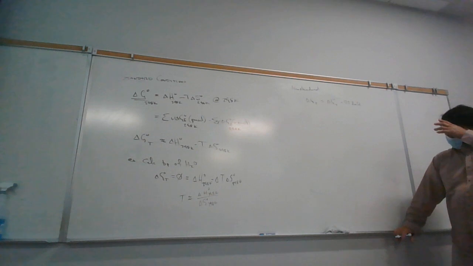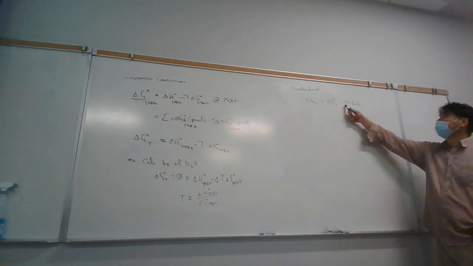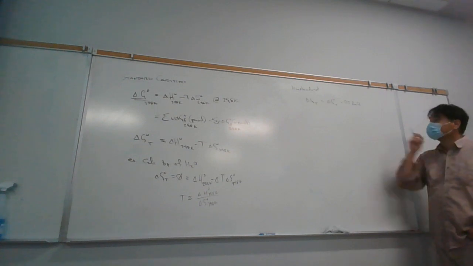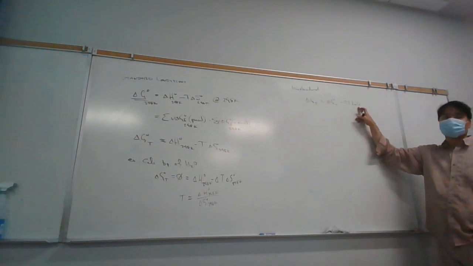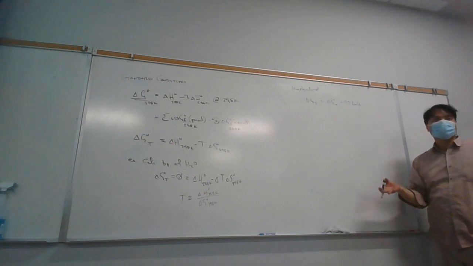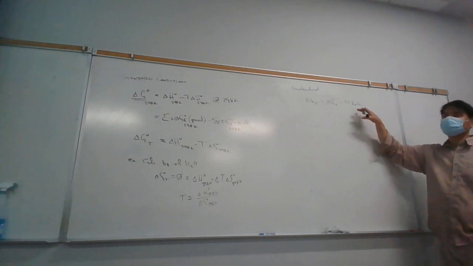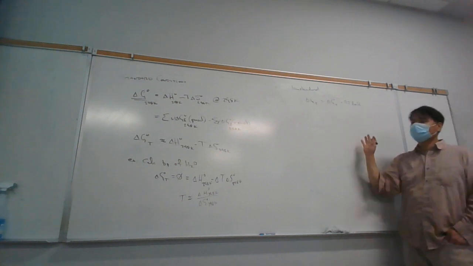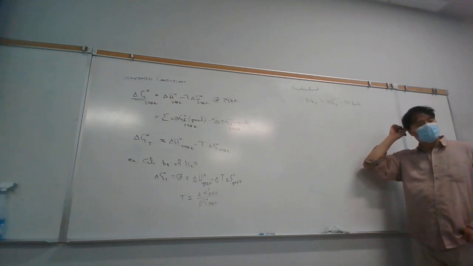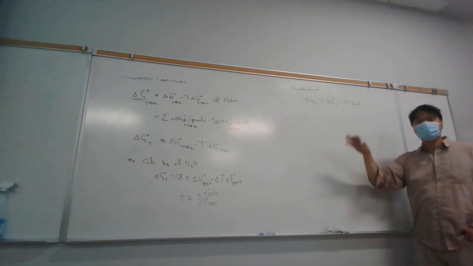Now, it's easy to get this sign mixed up. An easy way to remember the sign here is Q. What happens if Q is big? If Q is big, you have a lot more product than reactant. More product means the driving force should decrease.